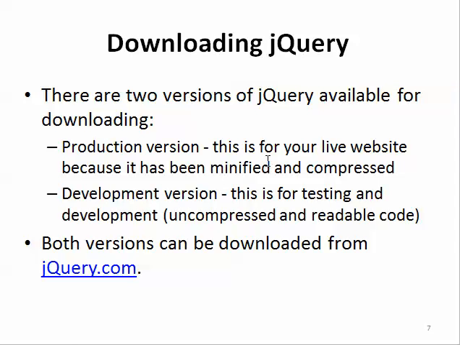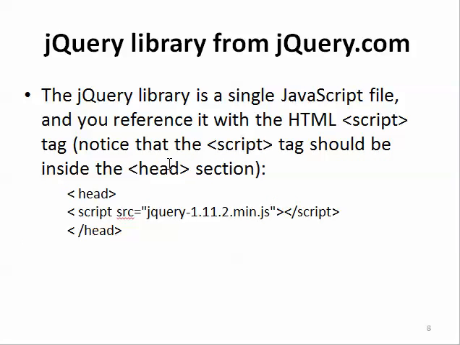When you go to jQuery.com to download the versions, you will have what we call the production version or the development version. Depending on what we want to do is the version that we will download.